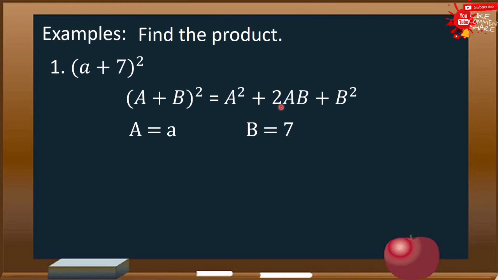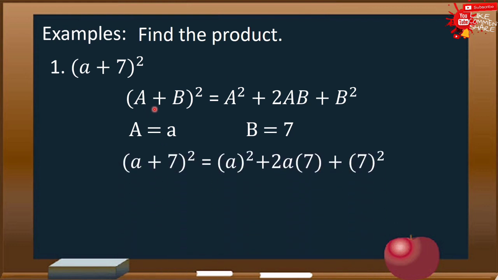Then, following our mathematical statement, we substitute the values. We have A, which is the variable A, then the plus sign, then B, which is 7, so we substitute it as 7.